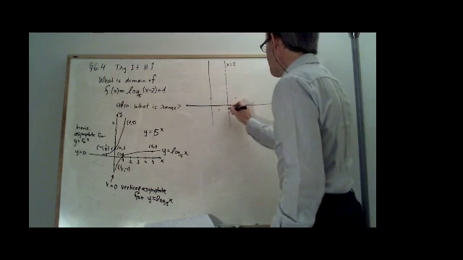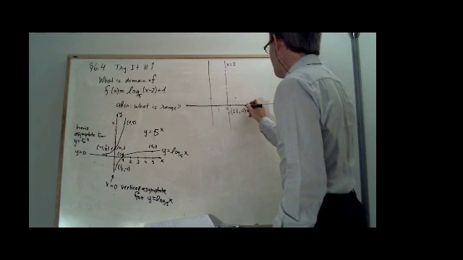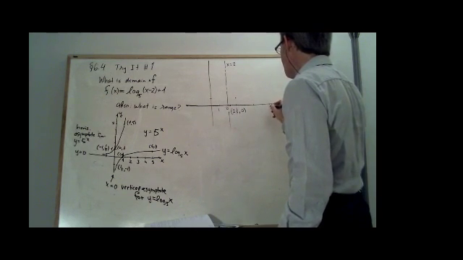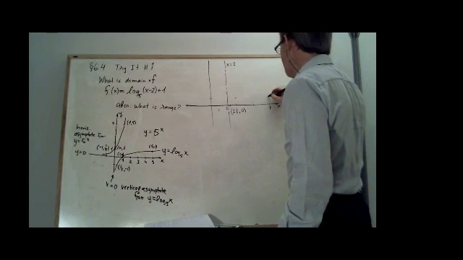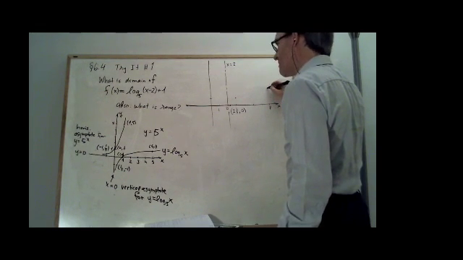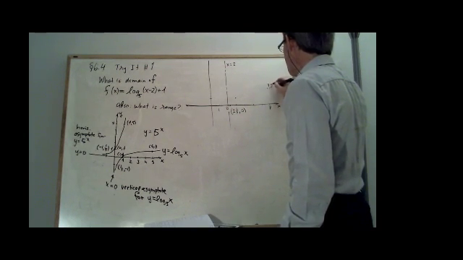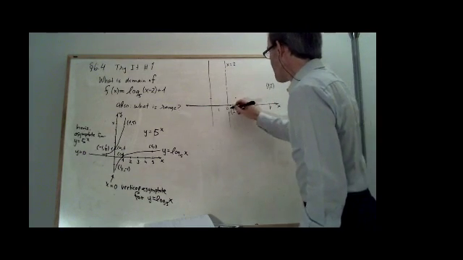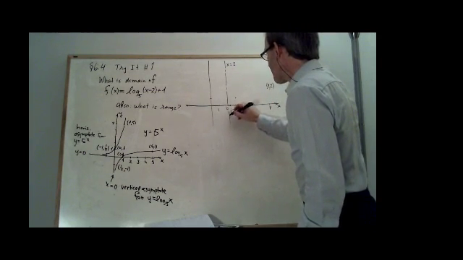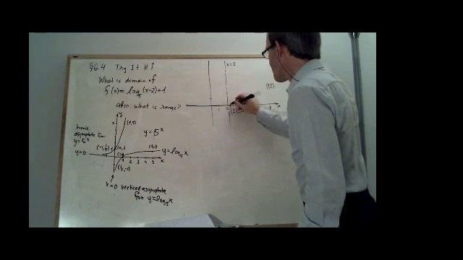1, 2, 3, 4, 5, 6, 7. And it will be up at 2. It will be the point 7, 2. And if I graph all the points, it will look something like this.